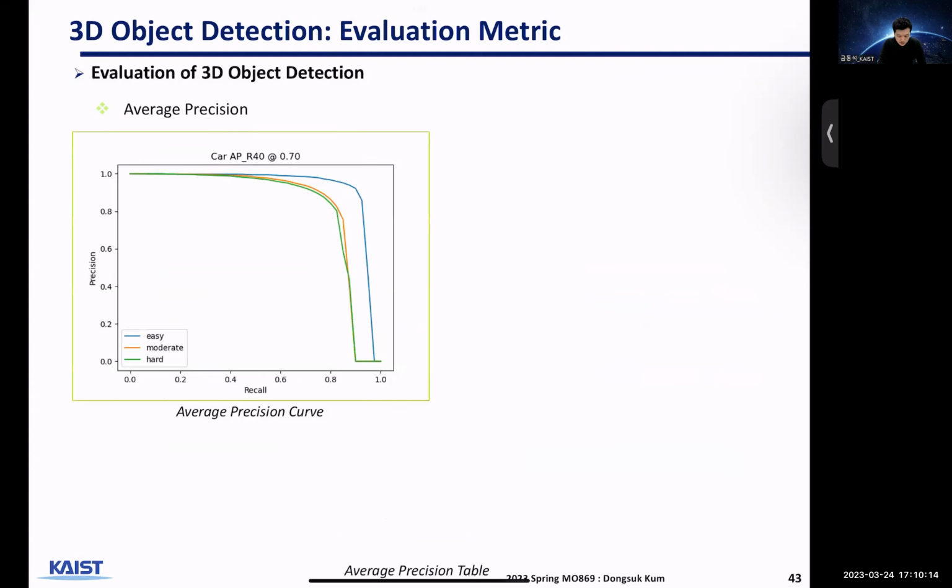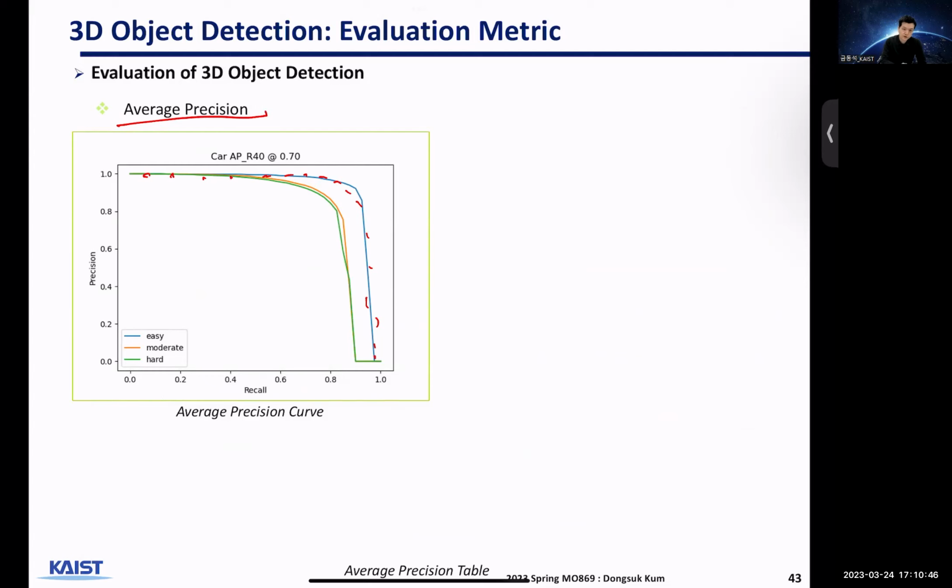The way it's done is we compute average precision, and what it does is you draw this curve by changing this score threshold, and you will end up having multiple points, and if you connect them, then you will end up with this line.